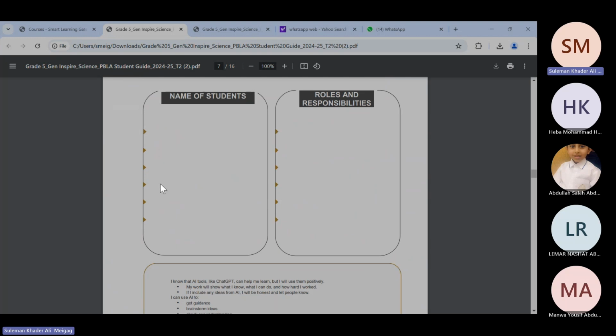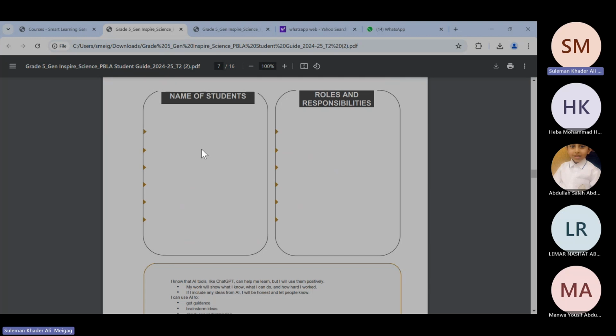1, 2, 3, 4, 5. And each one do a little bit, but work together. Okay, each one does a little bit and you work together. One goes to find information, maybe Google, maybe ChatGPT, okay, or one goes to get the bottle, one goes to get the rock, one starts writing down, one organizes things.